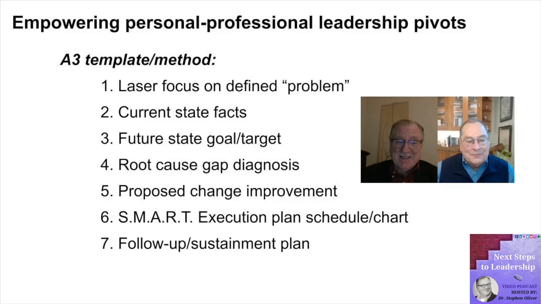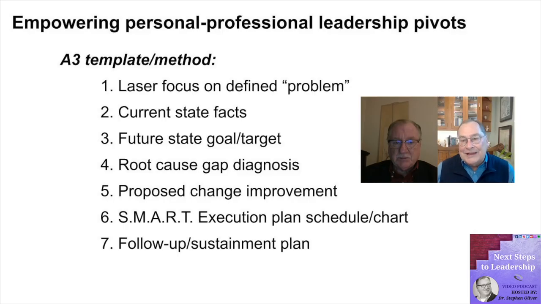Now, a technique, Dr. O, that was life changing for me, it's a tool that comes out of the lean performance improvement methodology, Toyota production system, called an A3 template. You know, A3, for people who live in the rest of the world, it's a ledger size sheet of paper.